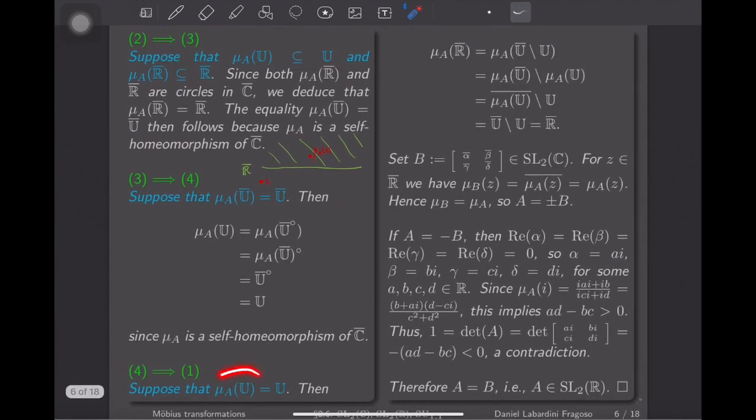So if this happens, then by continuity, by abstract considerations, R bar has to go bijectively to R bar. Simply because R bar is precisely the boundary of U in C bar, and mu A is a self-homeomorphism of C bar. So all of this says that the boundary goes to the boundary bijectively.